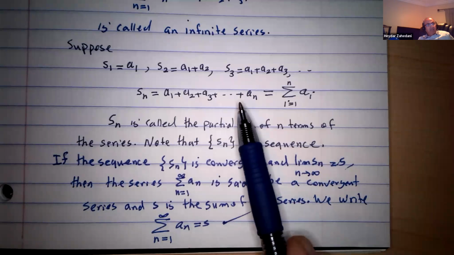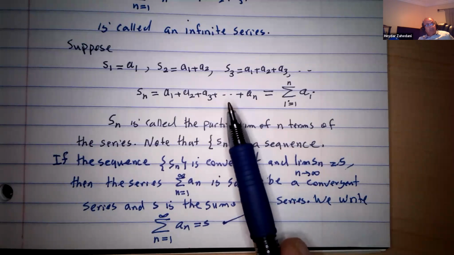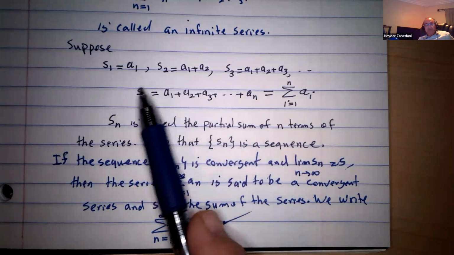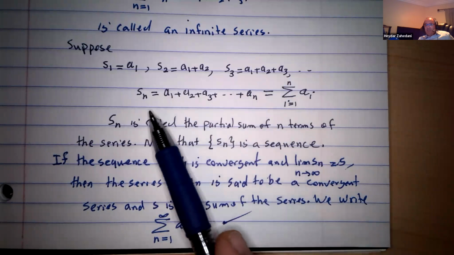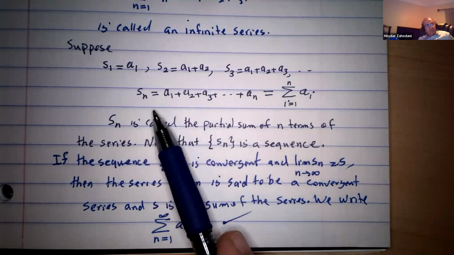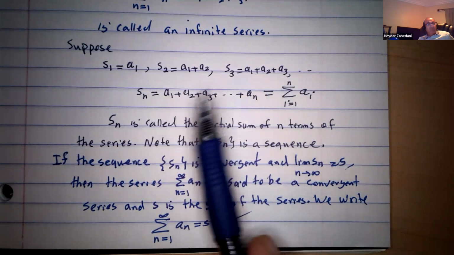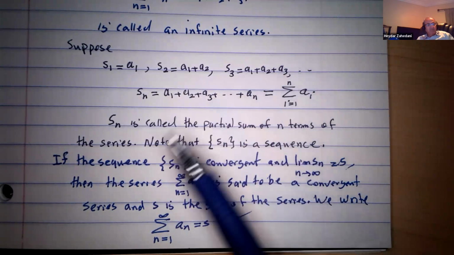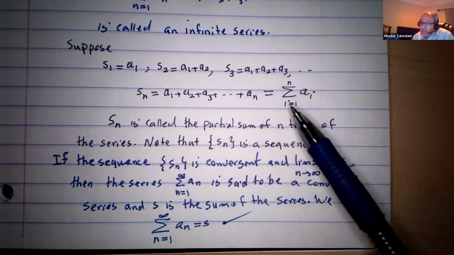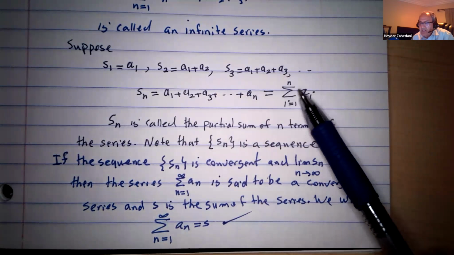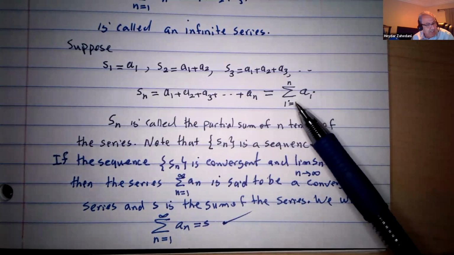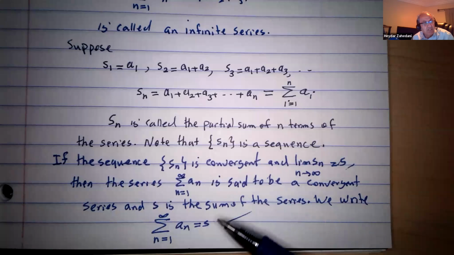Each time you add a finite number of terms, you introduce one term of a sequence. If that sequence converges, then we say that the series converges. It's like taking the limit when n goes to infinity.